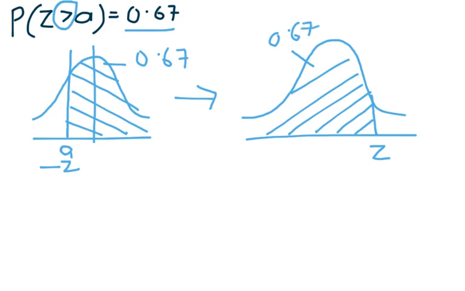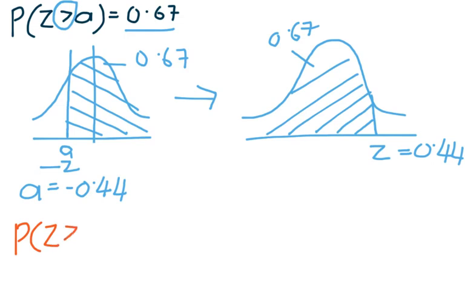Just now we already know for the probability 0.67, the Z score is 0.44. Since our original A value is negative, our Z value is negative 0.44. So the answer is the probability of Z greater than negative 0.44 is 0.67.